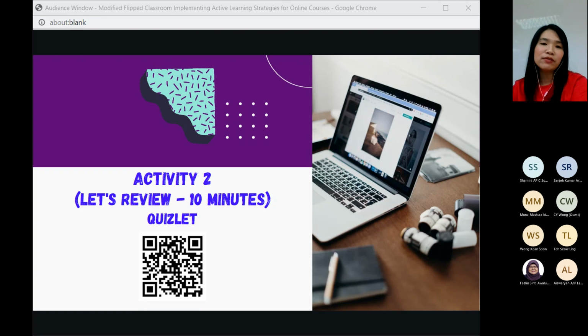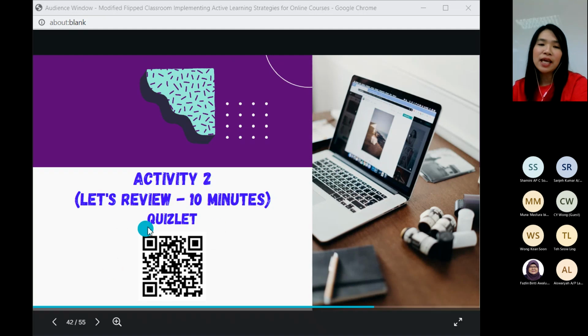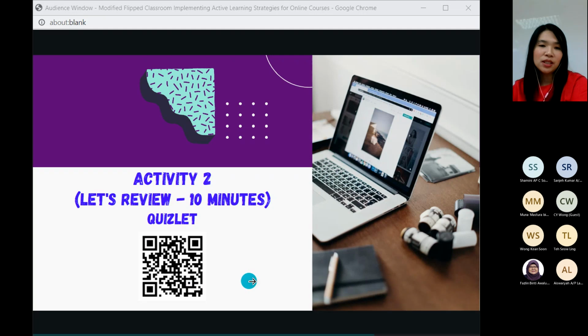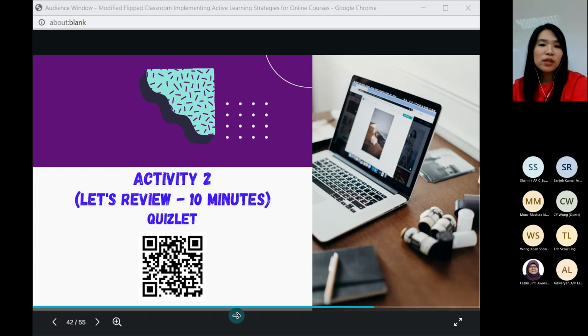We have more active learning strategies that you can use in your future classes. So here you can scan the QR code, which leads you to the Quizlet with many more active learning strategies. We are giving you 10 minutes to look through and learn about the strategies. Then after that, we will review together, right?